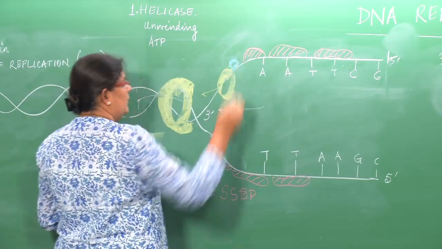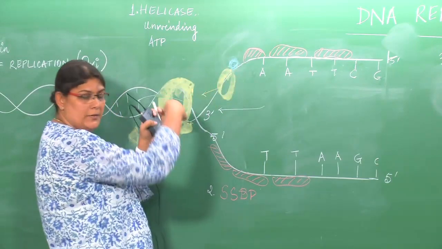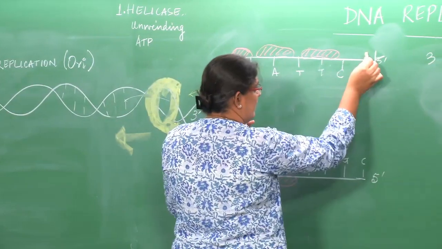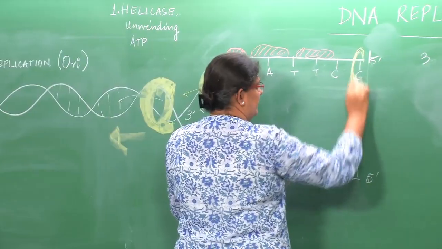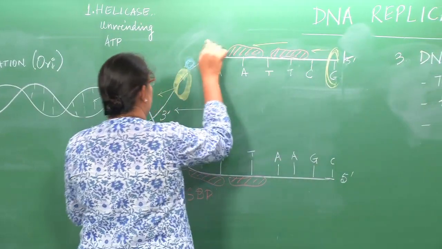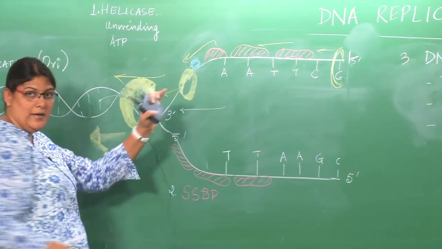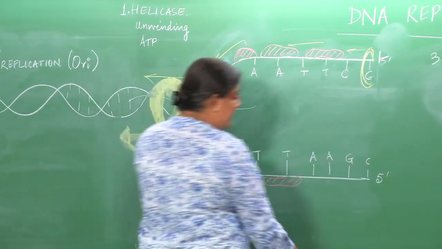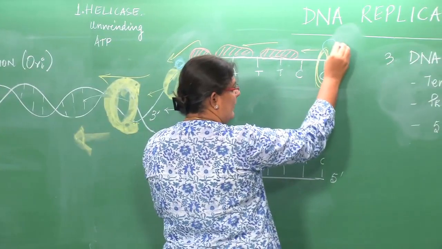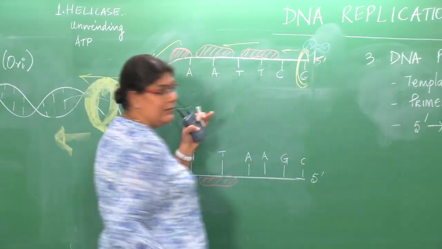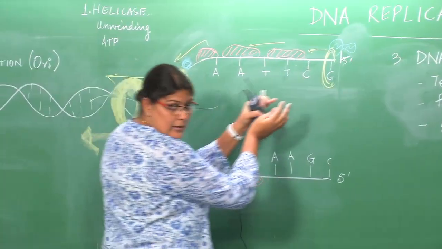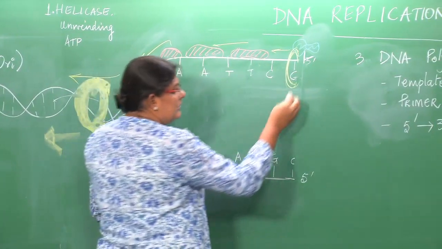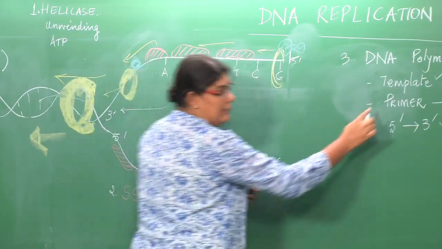And as the unwinding happens, let us say earlier the helicase was sitting here and then started moving in this direction, reached here, now it is continuing to move like that. Now, as the helicase started unwinding, the primase piggybacks itself along with the helicase, and as and when there is unwinding happening, it can immediately form a primer.